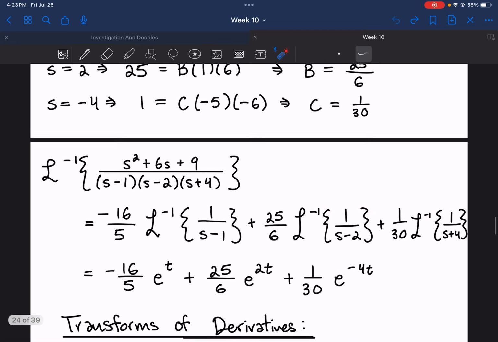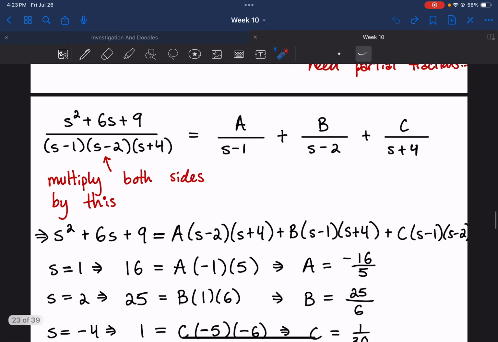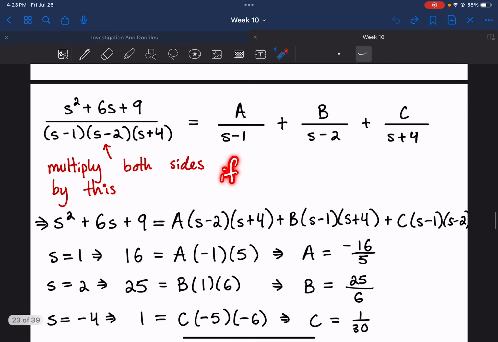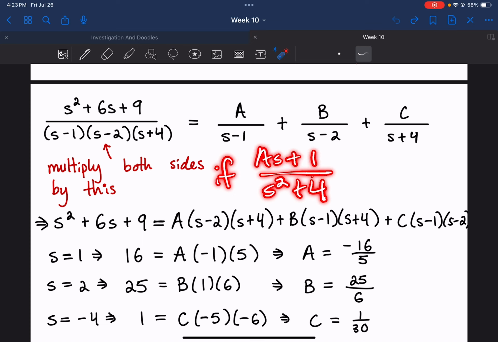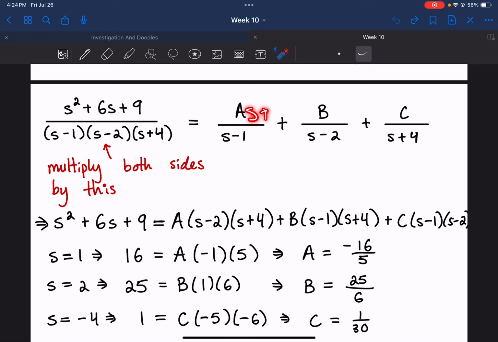And the only thing to worry about there is, if we had something over s squared plus 4, right? Then on the top you would need an as plus b. You'd need a linear function on top. If you have an irreducible quadratic on bottom, you need an as plus b on top.